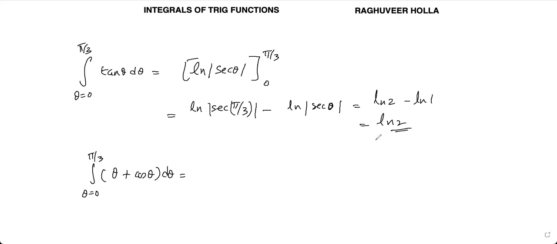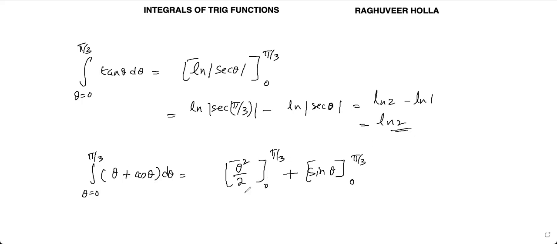Now let us see the integral of theta plus cos theta. First we'll integrate theta, and since it is with respect to theta, it is theta square by 2, from 0 to pi by 3, plus sine theta from 0 to pi by 3.